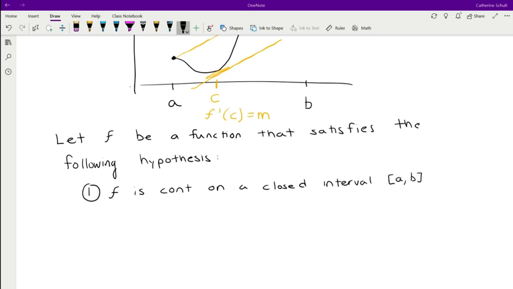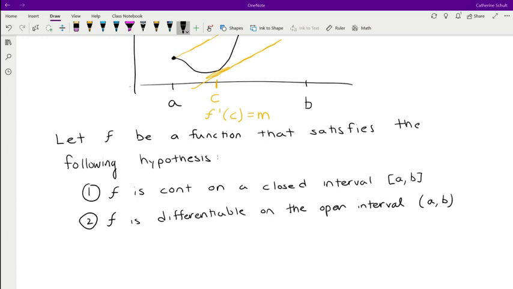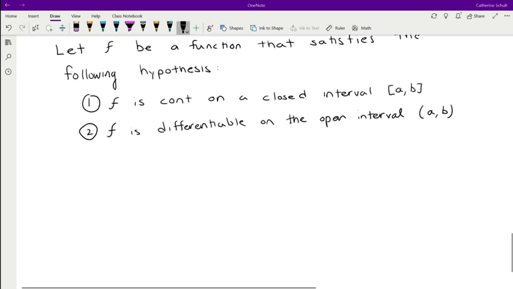And f is differentiable on the open interval AB. Excuse me, I should say on AB. Okay, so that's where we start for the MVT, mean value theorem. If we can show these two things hold, then here's what our theorem says.